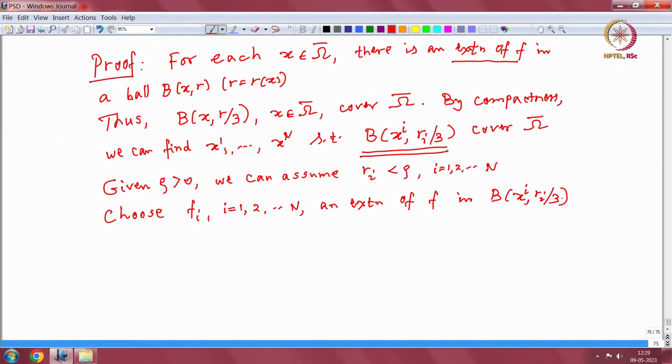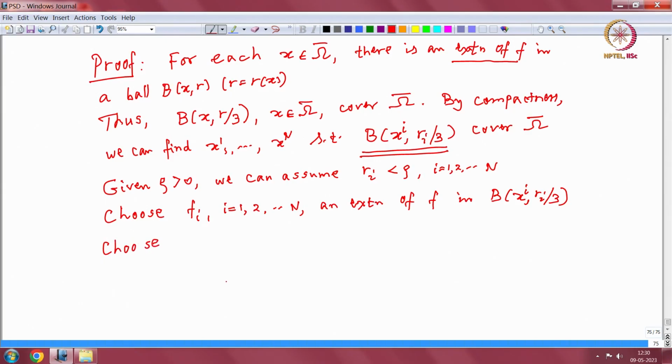Somehow we have to take care of that overlapping, and that is done by the partition of unity. That is an important technique, so let me just do it once. You want to somehow sum all these fi and get the extension, that is the idea.